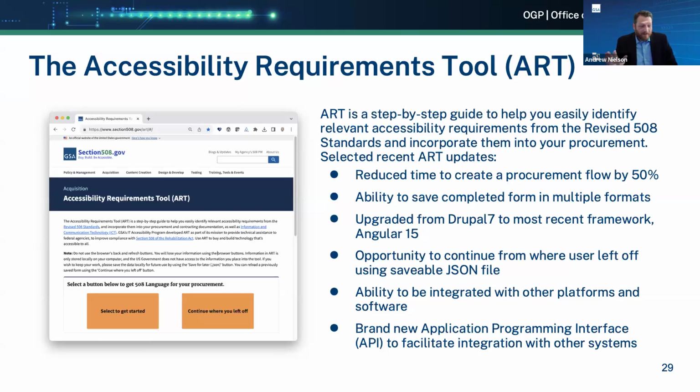And again, while this is focused on Section 508 as the federal standard, we also recently developed an application programming interface, and we're working on some content. It's available on GitHub as an open source resource, and we developed some content to make it easier for you to pull this out of our section508.gov full website and implement it and change it in your own environment.